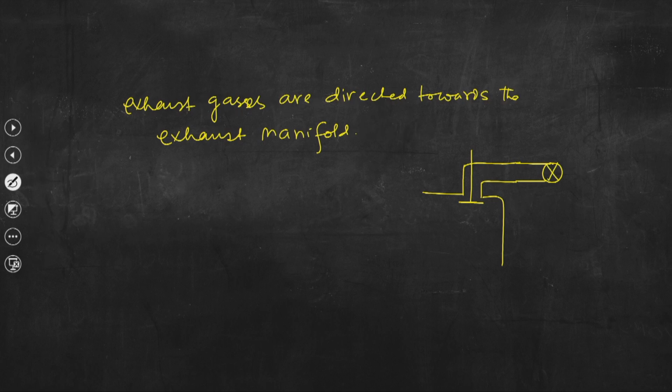There will be one valve. That valve will allow exhaust gases to go into the ambience. So, this is the valve and this is the turbine.